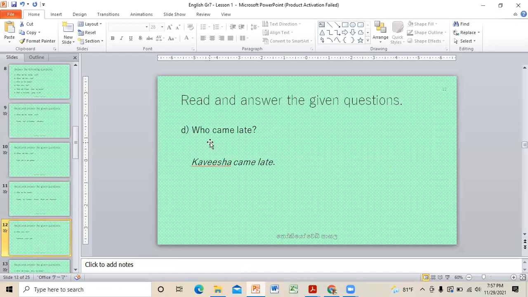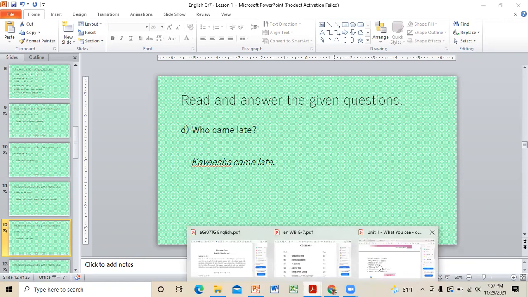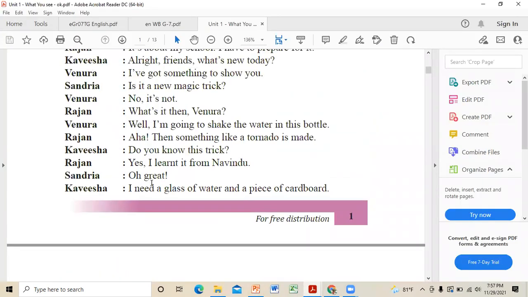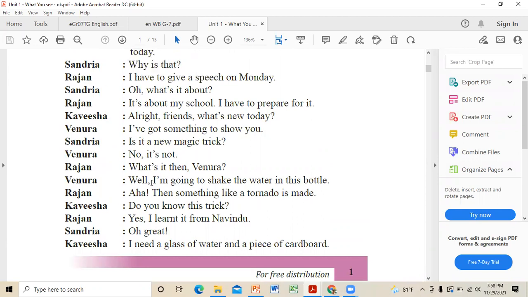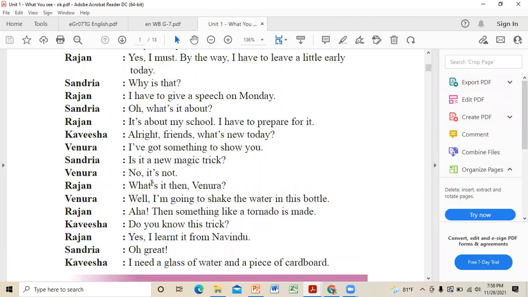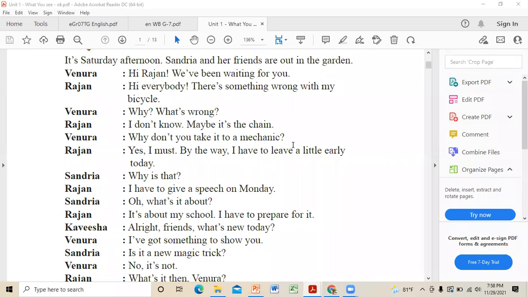So the question is again, who? Is it Rajan or Kavisha? I have made it Kavisha. So where do we have the answer for this? I'm just looking for it.